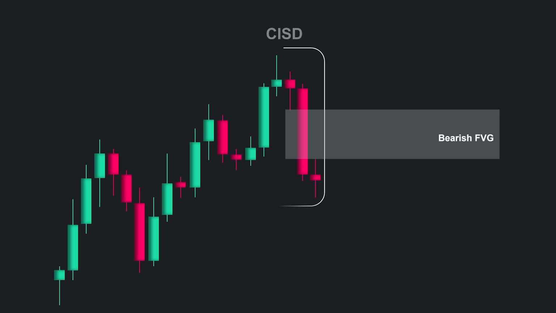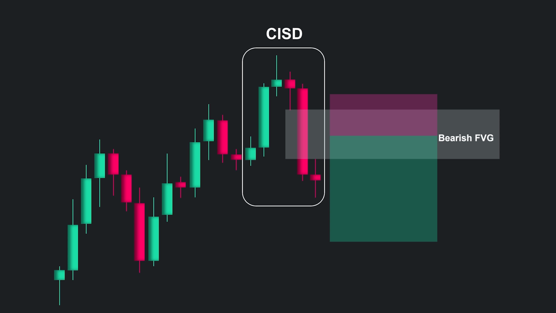When you spot a CISD forming alongside a fair value gap, it provides a clear sign that institutional traders or large participants are behind the move, adding further credibility to the setup. A price retracement into the fair value gap can offer a high probability entry point. The market often fills these gaps before continuing in the direction of the new trend.